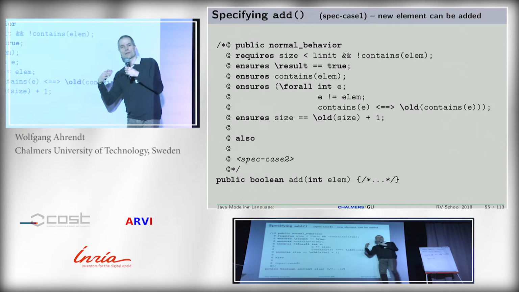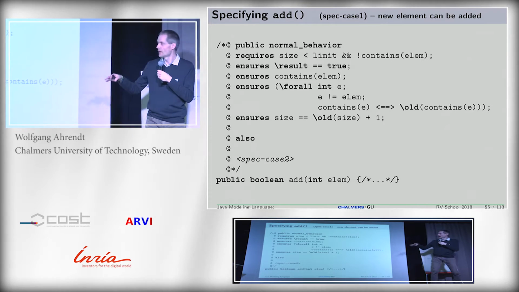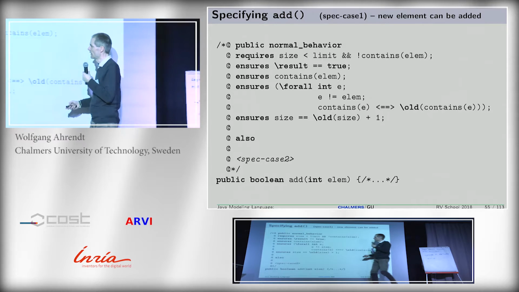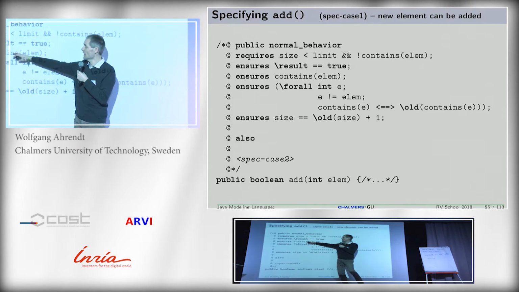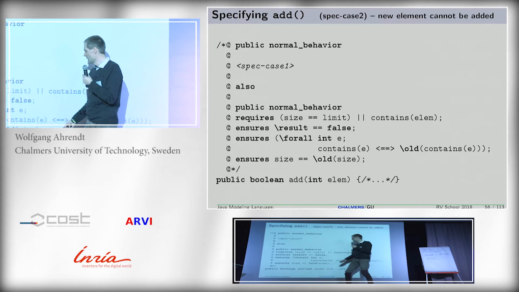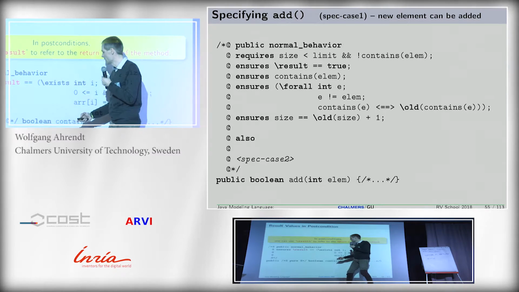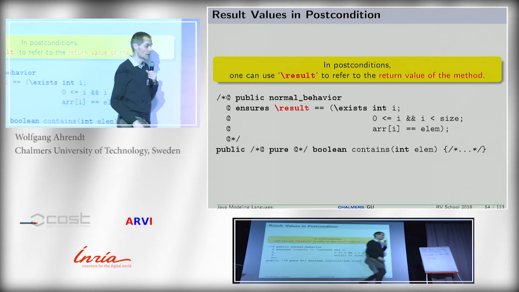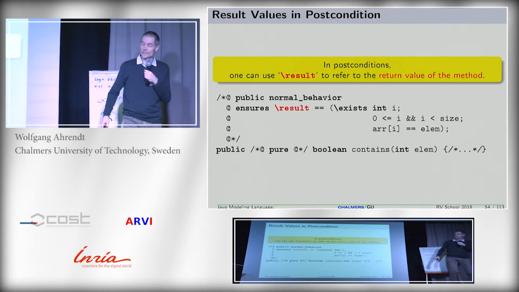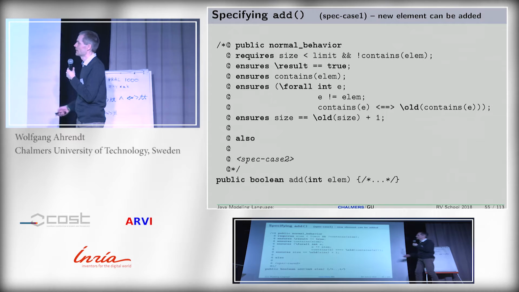This is a very nice way of structuring specifications where you can outsource these. So you have this stuff only once, and then we use it here, and we can only do that because contains was pure. Otherwise, the JML syntax checker will not allow that.